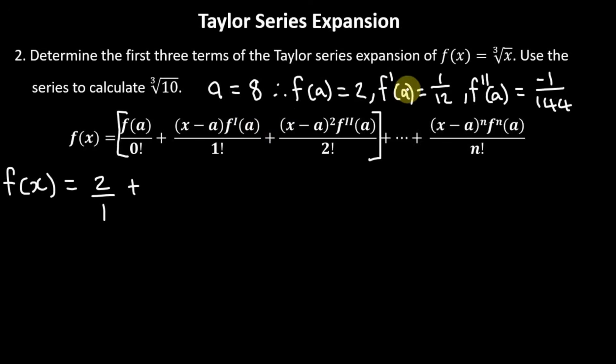plus we're going to multiply this bracket here by the value that we got for the first differential of f of a, which was 1 over 12.